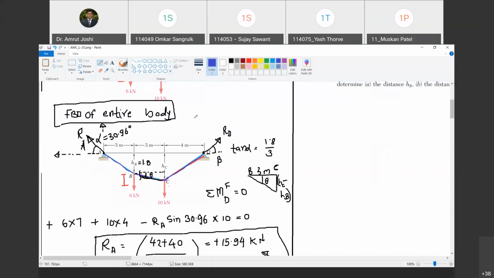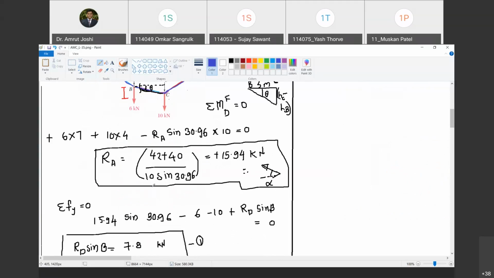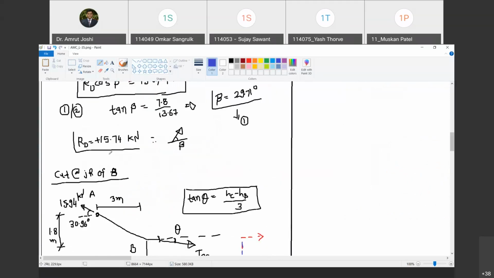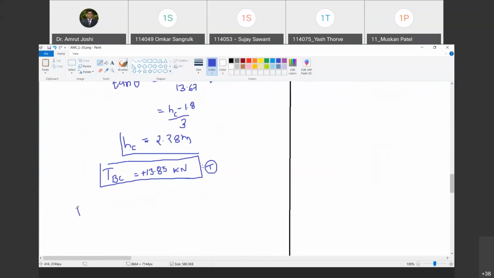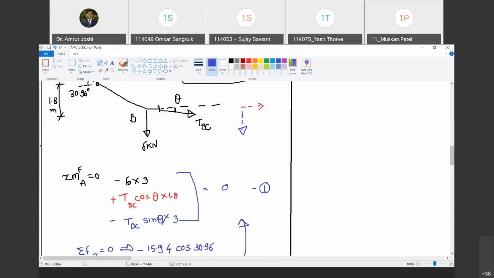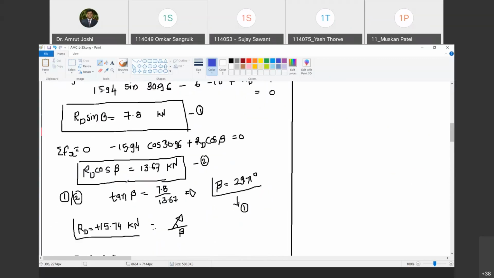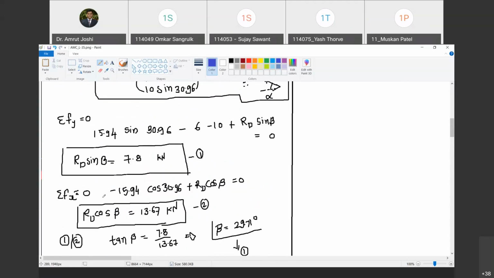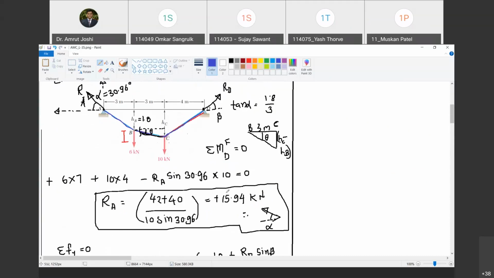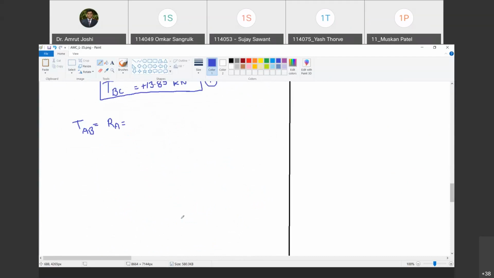So what is the value of tension in string AB? It is equal to reaction at A. So tension in string part AB has to be equal to reaction at A, and therefore it is going to be equal to 15.94 kilonewton. Are you with me? Yes, sir.